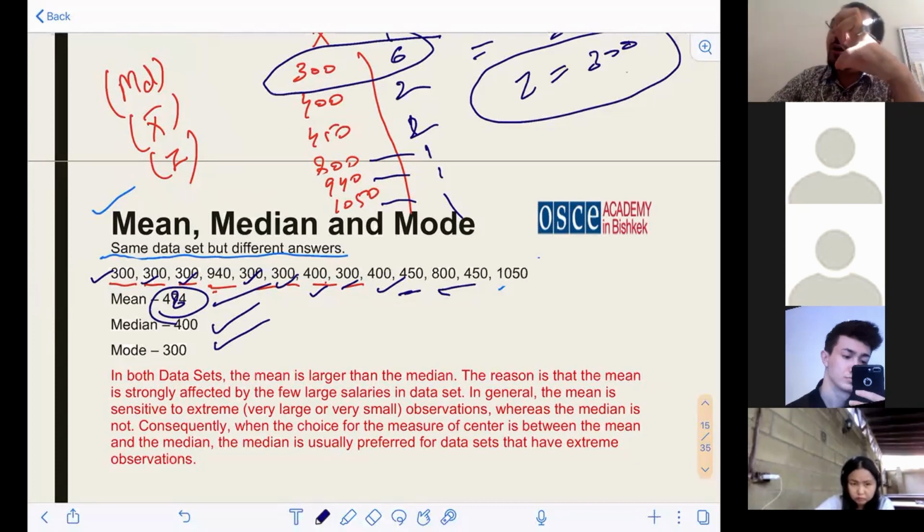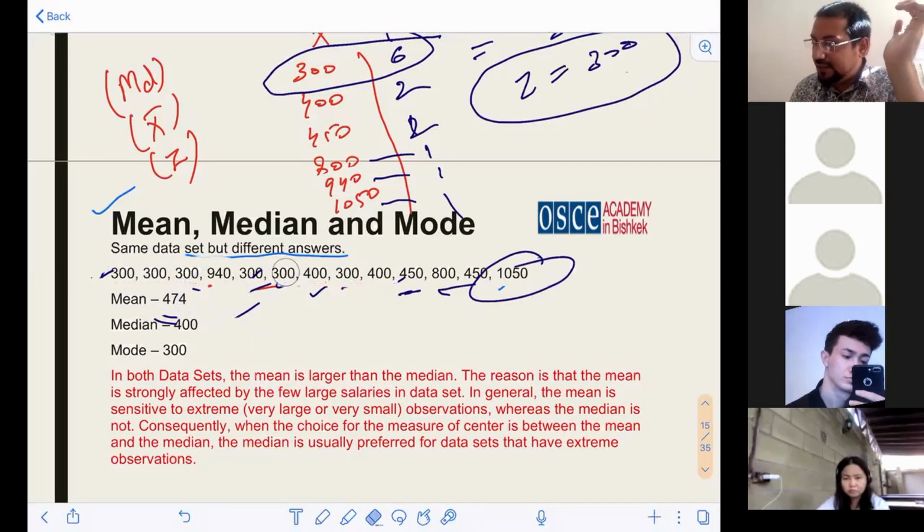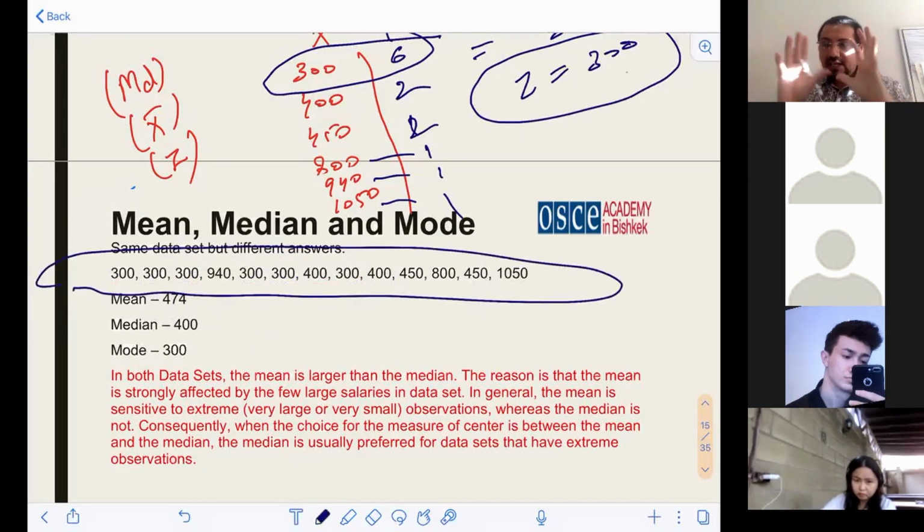I will tell you the drawbacks of all, first of all, before we discuss the benefits. The first drawback of mean is that it is very sensitive. It covers the lowest figure as well as the highest figure. When we look at this data, one thing is clear without any analysis: 300 is somehow the average salary, between 300 and 400, because there are 6 people getting $300 a month.